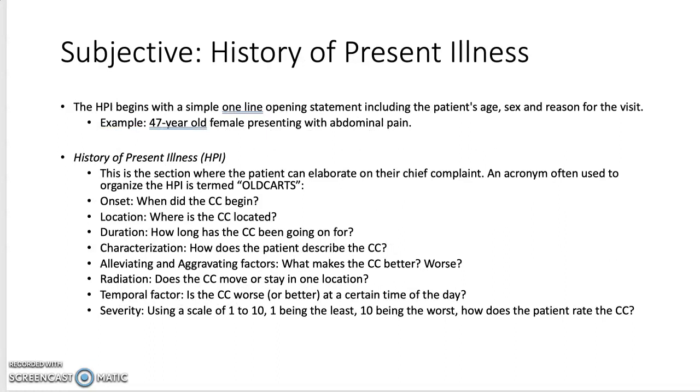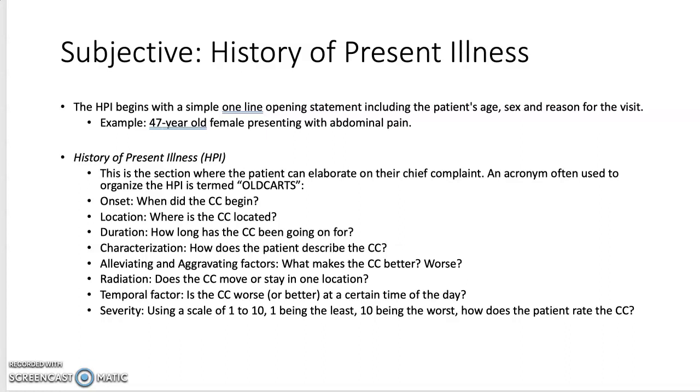The HPI, or History of Present Illness, typically begins with a simple one-line opening statement, including the patient's age, gender, and the reason for the visit. Example: patient X is a 47-year-old female presenting with abdominal pain. In the HPI, there's also room for elaboration on the patient's chief complaint.